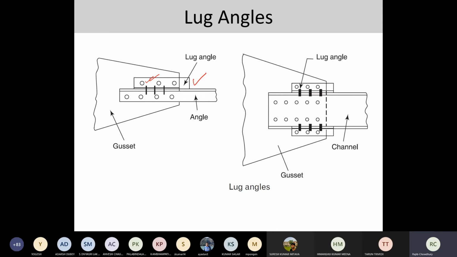So whenever the main angle section is connected with the gusset plate and the other member, there itself at the beginning you have to provide this lag angle to take into account at least some forces, which prevents us from utilizing more bolts and weld.